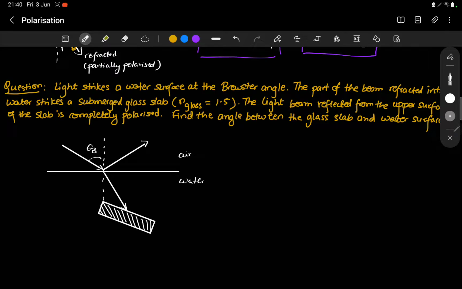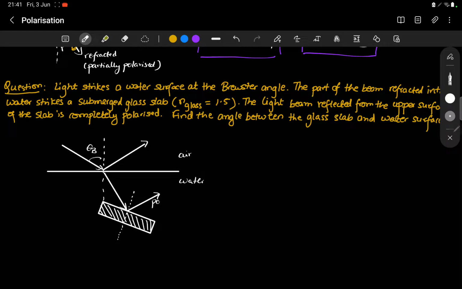And then let us first draw the normal to the glass slab. We are told that this reflected ray from the upper surface of the glass slab is completely polarized.